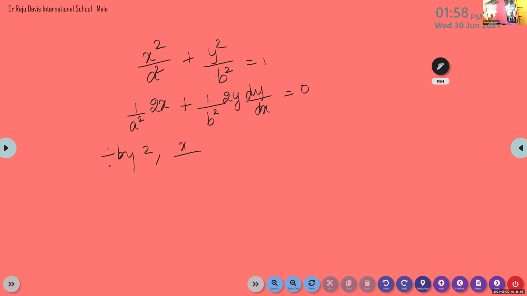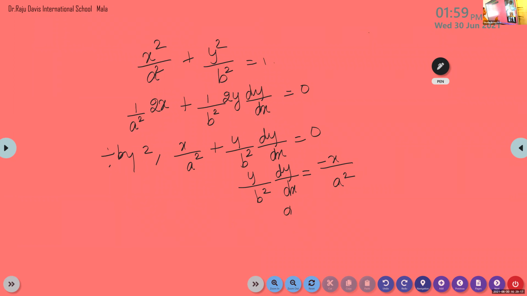So you get x by a square plus y by b square into dy by dx is 0. Therefore, y by b square into dy by dx equals, terms without dy by dx to other side, minus x by a square. Therefore, what is dy by dx? Minus x into, b square if you take to other side, b square by y a square. This is the derivative.